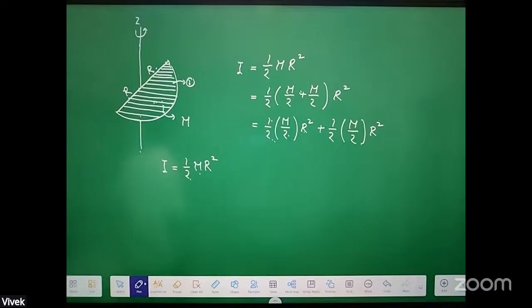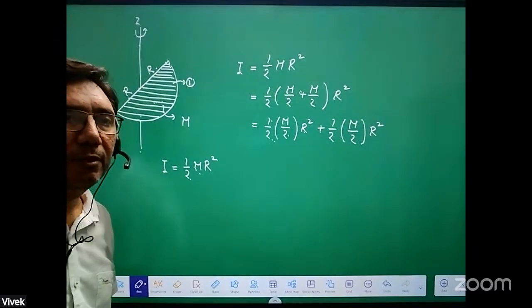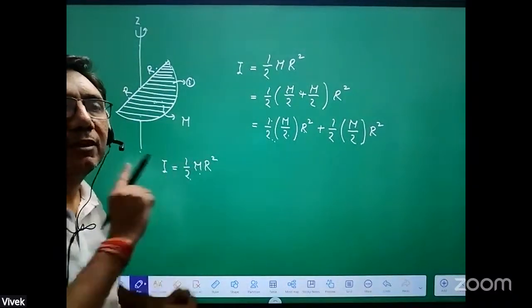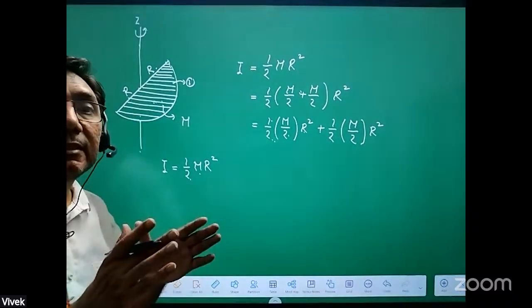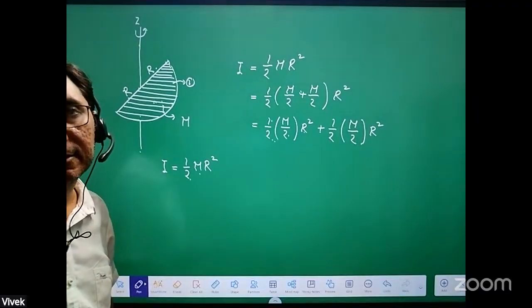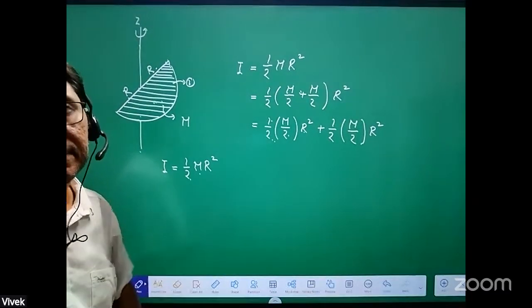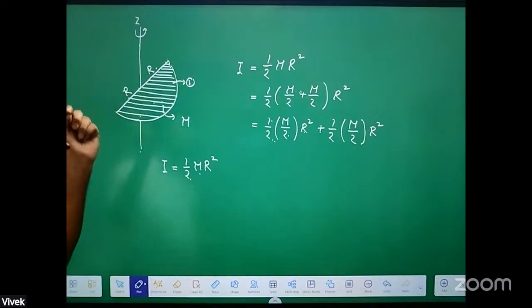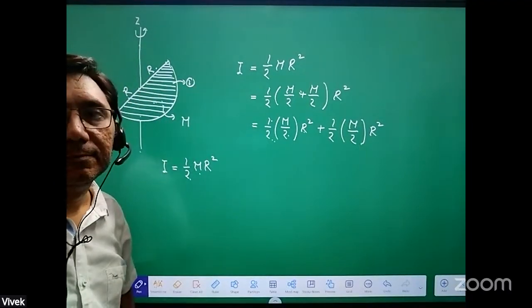आपको same formula क्यों मिल रहा है बेटा? Can you tell me why you are getting the same formula? Because of symmetry. Try to understand why you're getting the same formula. Because if you rotate this, try to assume that it is rotating. On rotating, it is creating a symmetrical structure.